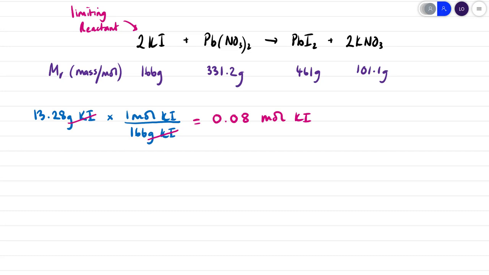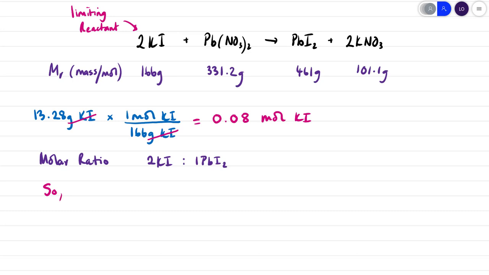So 2 moles of potassium iodide produces 1 mole of lead iodide. So the molar ratio is 2 moles of potassium iodide to 1 mole of lead iodide. So we put 2 moles in of potassium iodide, we get 1 mole out of lead iodide. So now we need to scale that to the actual quantities that we have.